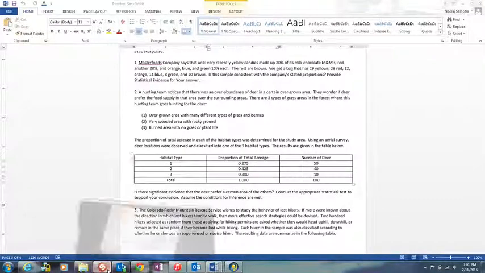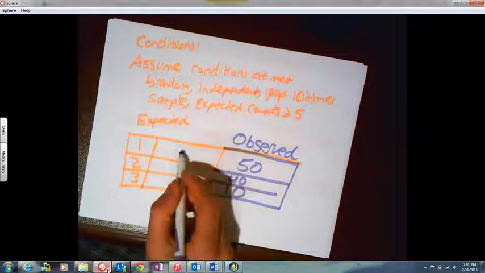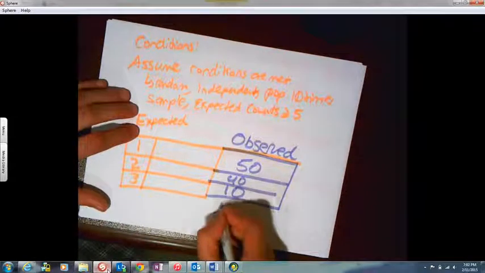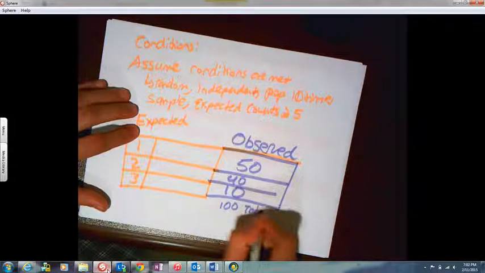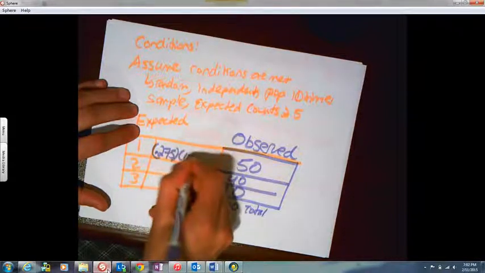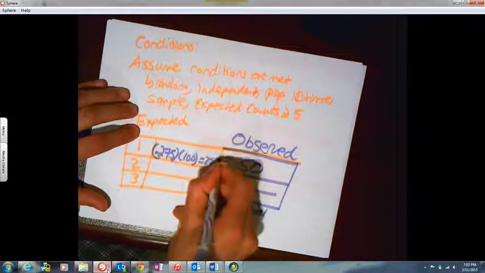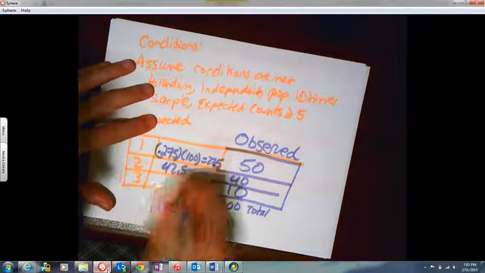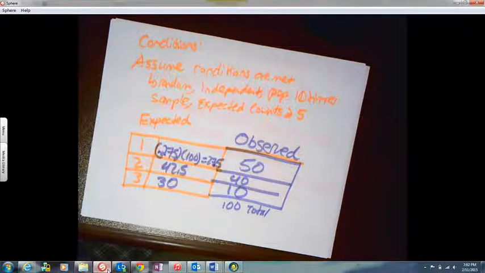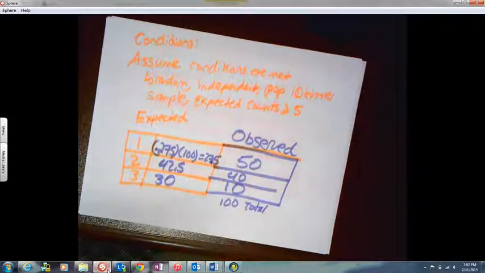And expected, well, 27.5% of the acreage is here. There's 100 total. So this is 0.275 times 100, which is equal to 27.5. The next one is 42.5. And the last one is 30. So that was step 2, the conditions.